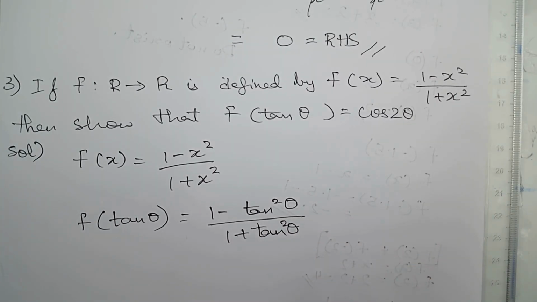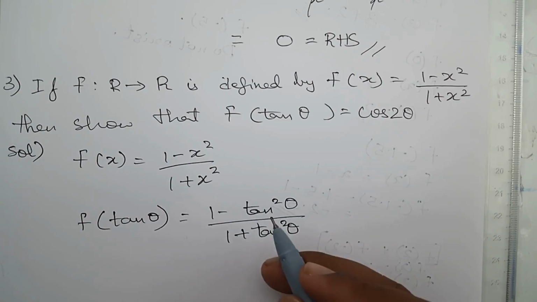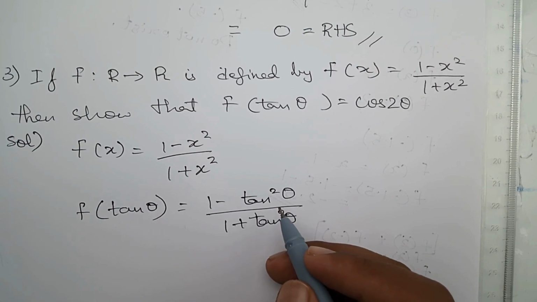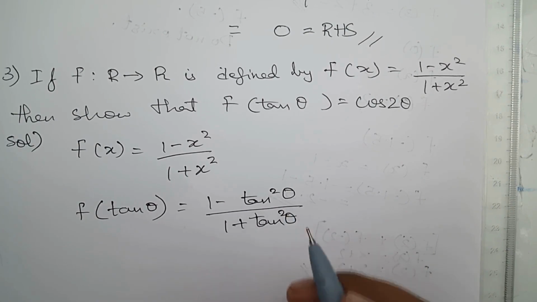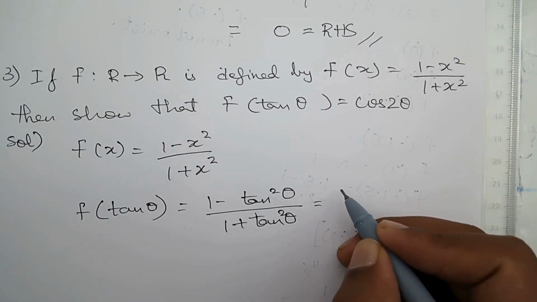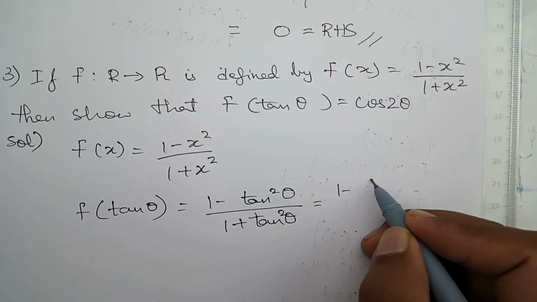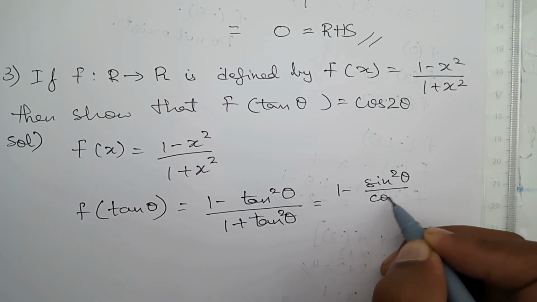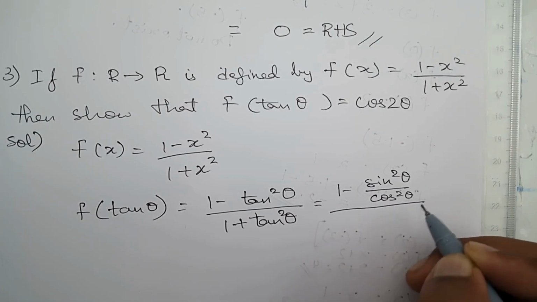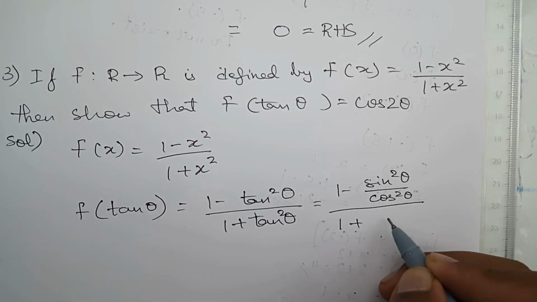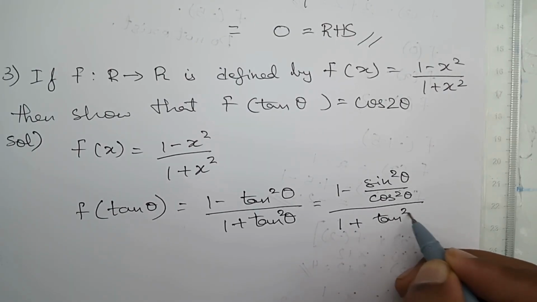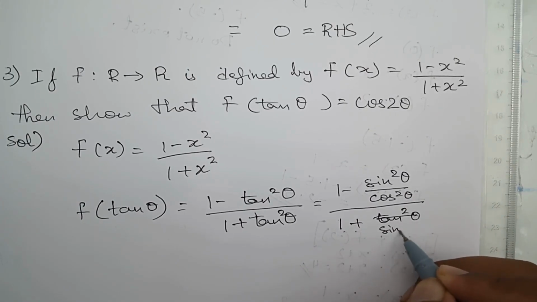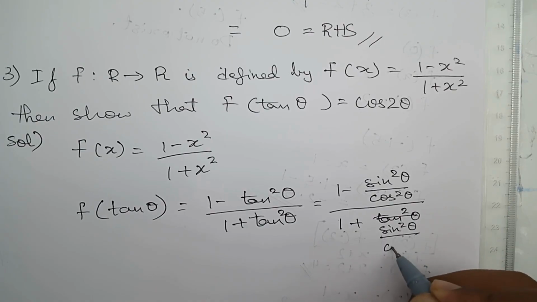Okay, now we know that we can take tan square theta as sine square theta by cos square theta, right? The next step is 1 minus sine square theta by cos square theta, and again 1 plus sine square theta by cos square theta.